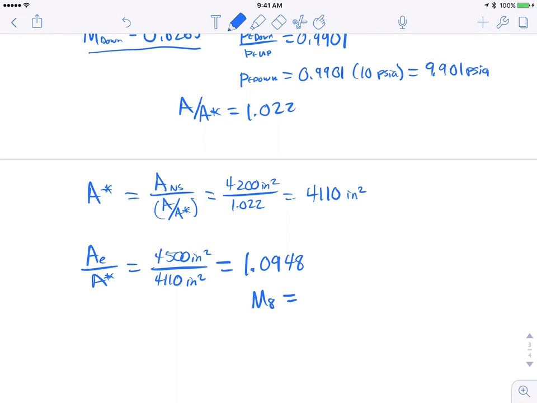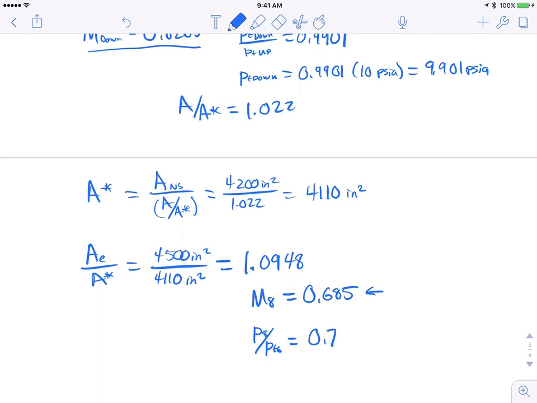It would give us 0.685 as our exit Mach number. Then going back to our pressure ratio equation and evaluating it at that Mach number, we would find a static to total pressure ratio of 0.730.